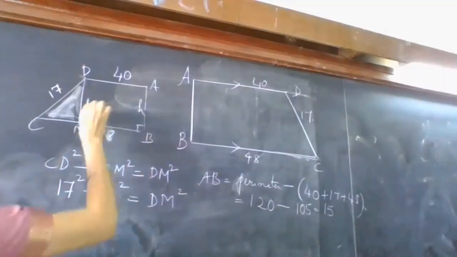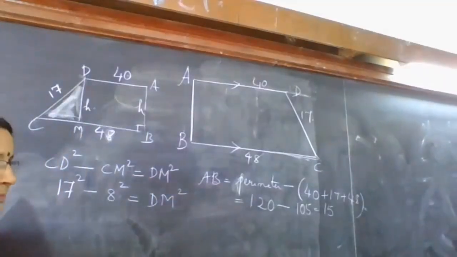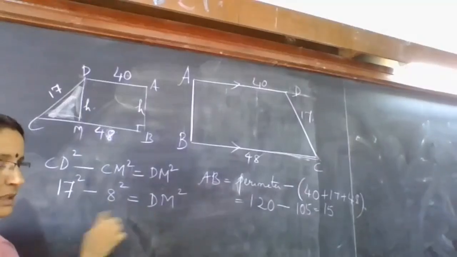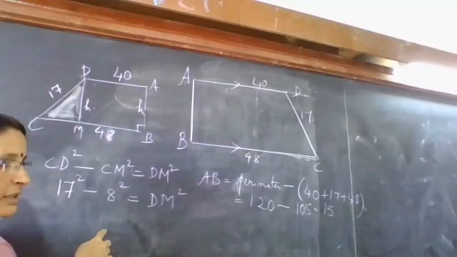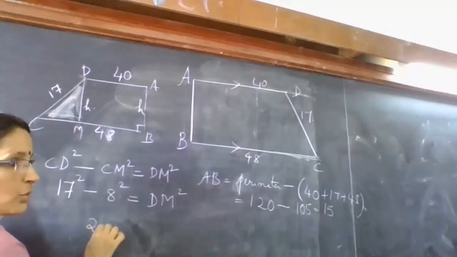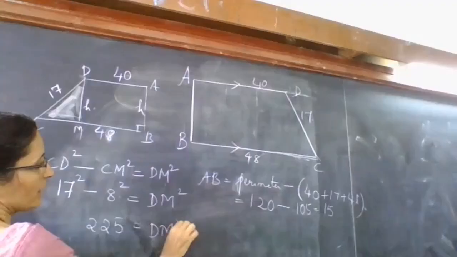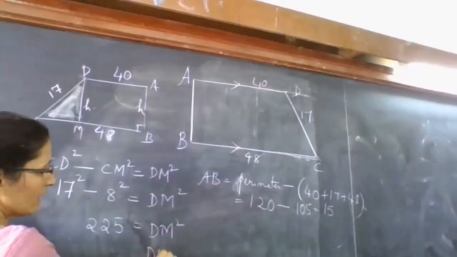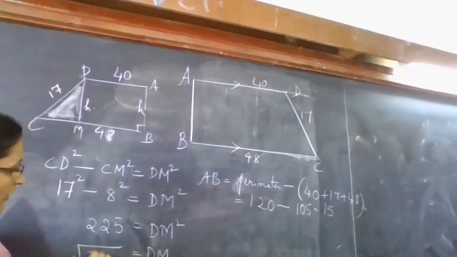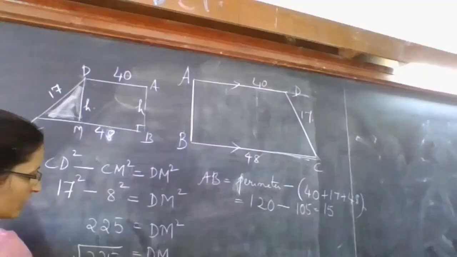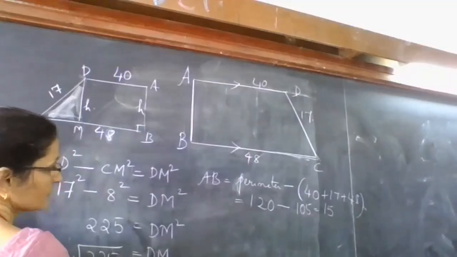We have seen already. This DM square is to be calculated. H. That is the reason we want to find H. So DM square, we calculated this the other day, I am not repeating. So this is 225 DM square. DM will be the square root of 225, which is 15.